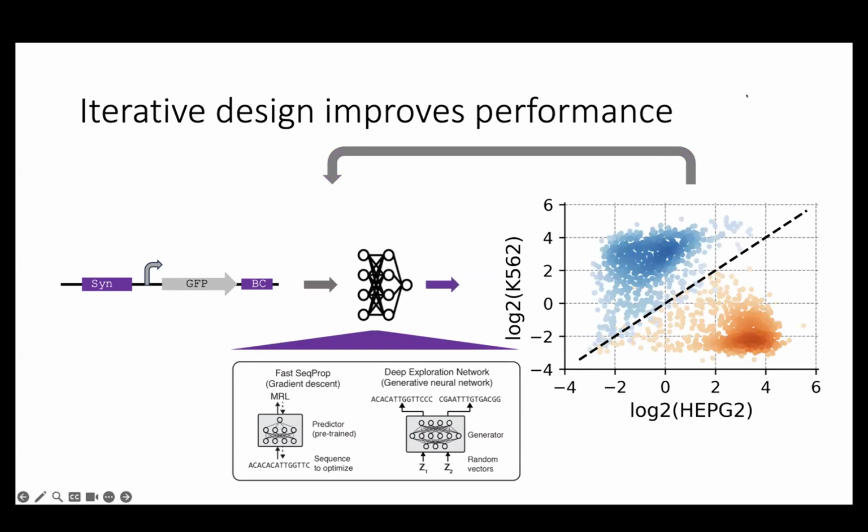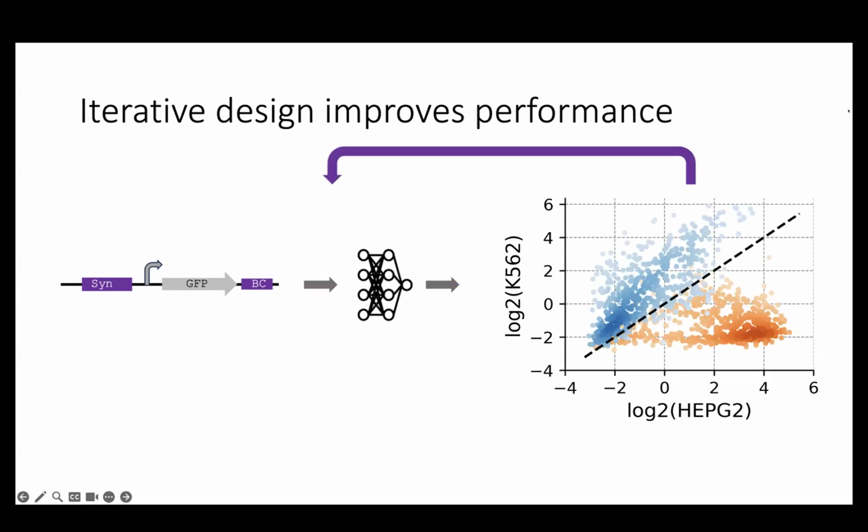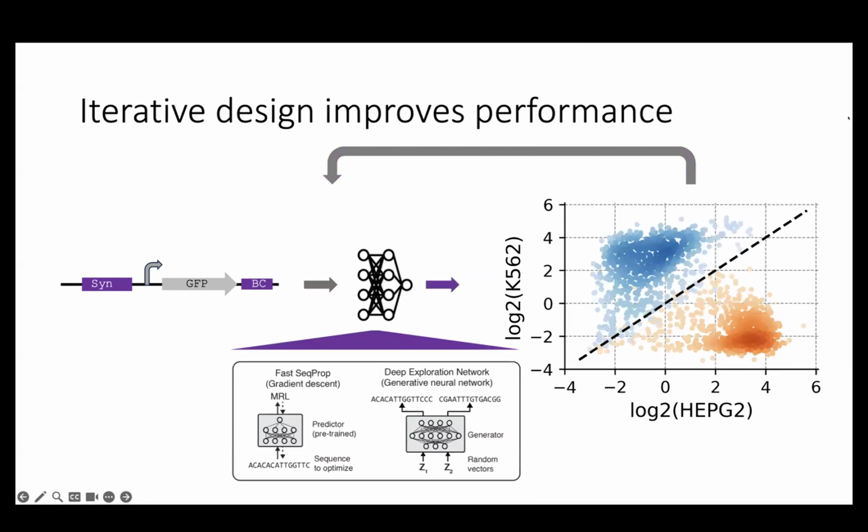And what you can see here, and I really like this contrast, right? So this was generation 1, this is generation 2. You can see now that almost all the sequences that we designed really fall into the parts of the specificity space where we want them to be.